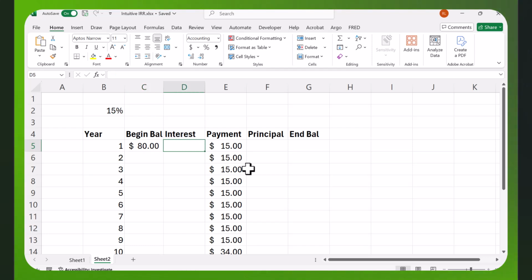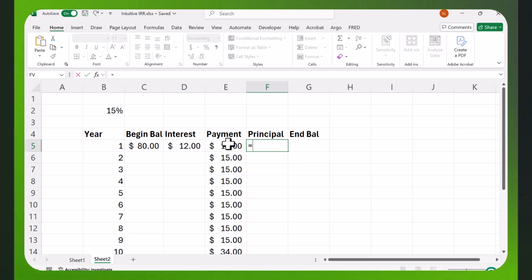So what's the interest here? The interest is going to be, let's start with the 15%. So it's going to be this, and let me make sure I lock the cell here, so when I copy it down, it stays at that 15% times the beginning balance. And I get $12 here. How much principal is paid off? It's the payment minus the interest.